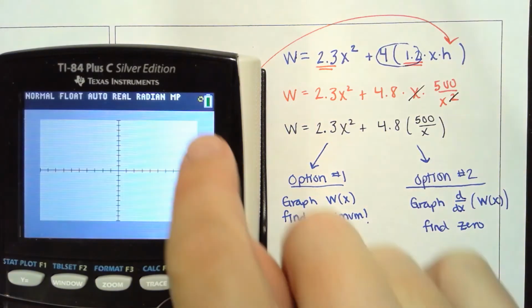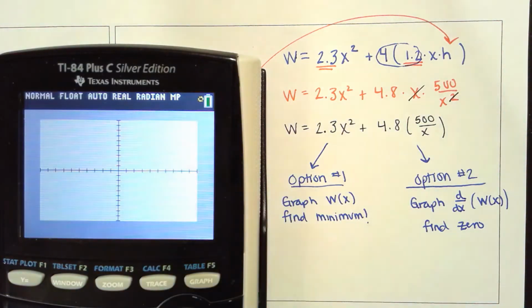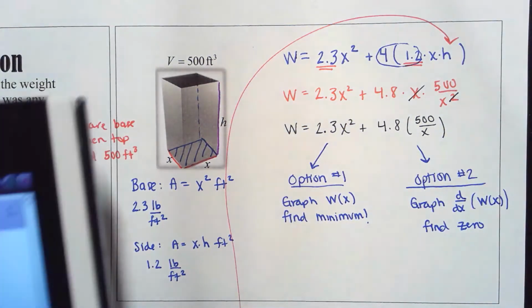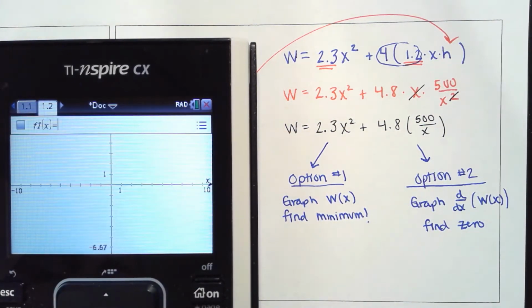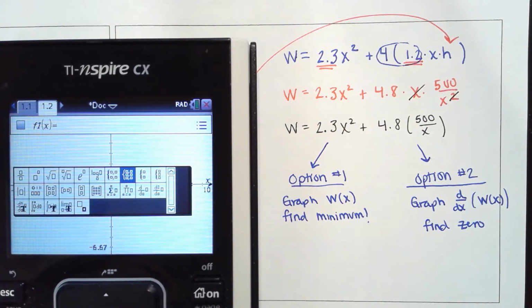And now look, we're waiting, but that's okay. You see that little yellow thing spinning up there? That means it's doing its thing, so just be patient. While we're doing that, being patient, I'll remind those of us with an Inspire how we do this. I'm going to add a graph page. And in my y equals, I'm going to go to my templates button to the right of the 9.